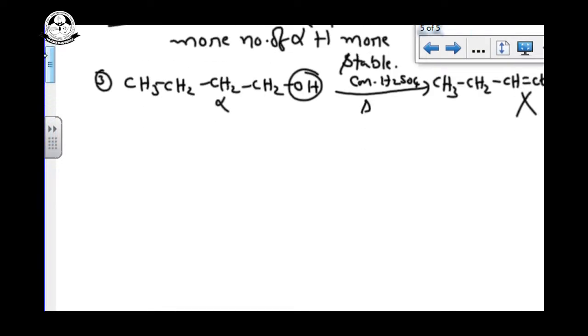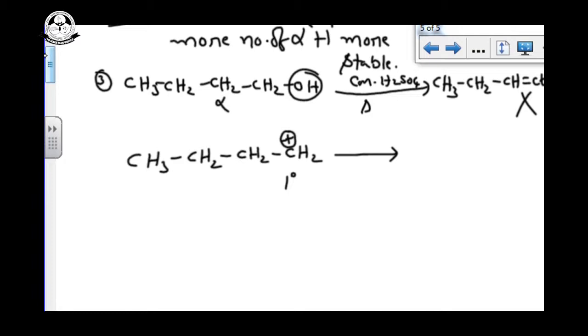We will see the mechanism once. In the mechanism, the reaction intermediate is a carbocation. So I remove the OH, and we get the compound CH3, CH2, CH2 and CH plus, a carbocation. OH leaves as OH minus, and the carbon carrying the cation charge is the carbocation. This is a primary carbocation. Already I told you, a carbocation may rearrange to gain stability.